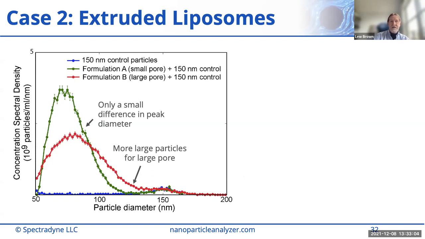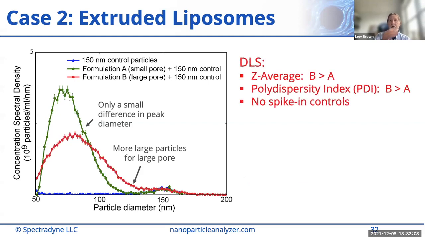So I don't have DLS data for this, but because we know how DLS works, we can sort of predict exactly what would have happened had we used DLS. The first thing is that the Z average for sample B, the larger pore extrusion, would be higher than the one for formulation A. And there's 2 reasons for this.